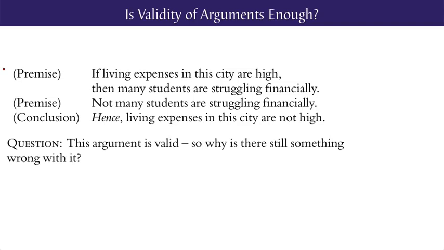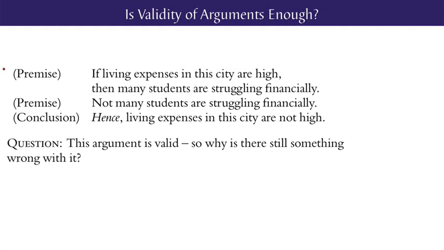Let's come back to the argument that is a valid instance of modus tollens regarding the financial problems of students. In spite of the truth-transferring feature of validity for this argument, we detect there is something wrong because the conclusion that living expenses in this city are not high is just plain false in a great many cities around the world, including this one where we're living.